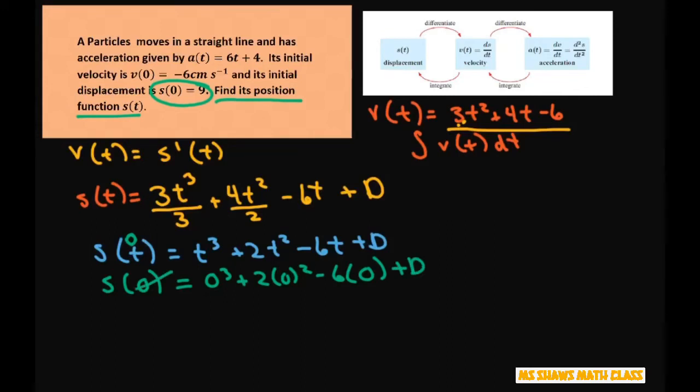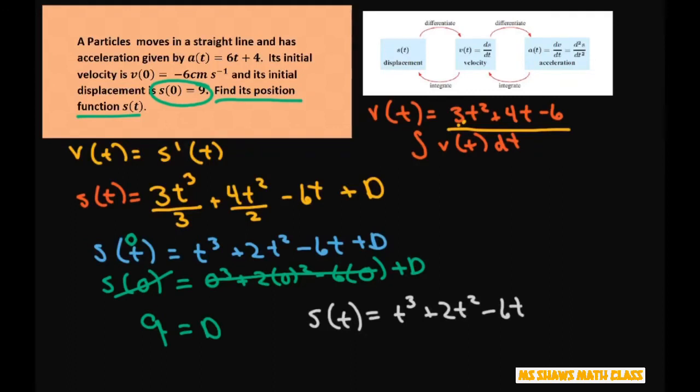And we know this equals 9. Since that zeroes out, we know 9 equals d. So finally you can write your position function, s of t, which equals t cubed plus 2t squared minus 6t plus 9. And that's your final answer.